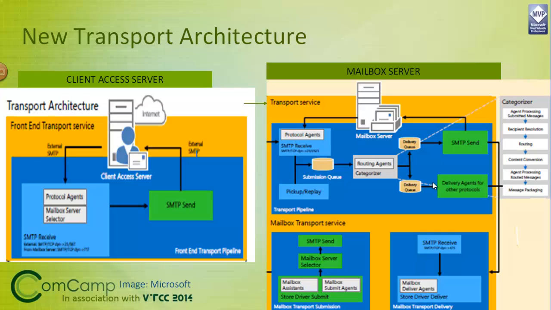So mailbox transport service can hand over the message to any other transport service as well, whichever it finds healthy and responding immediately. It will hand it over to that server's transport service. Basically, mailbox transport service also proxies email.